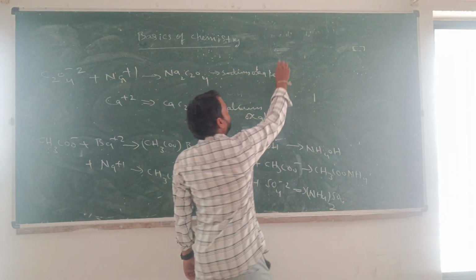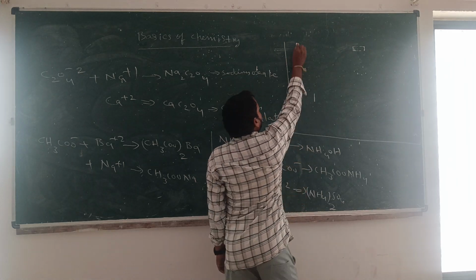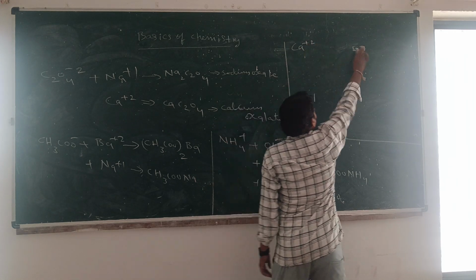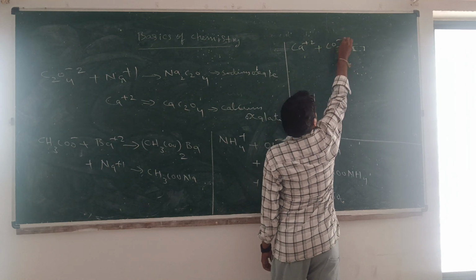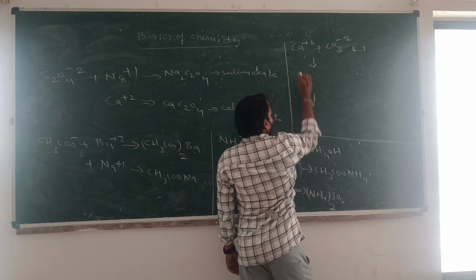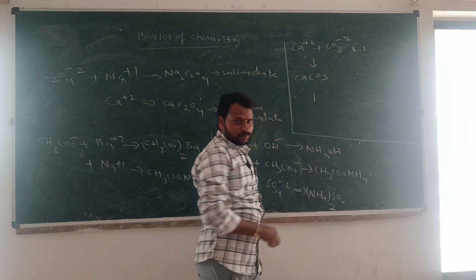Let me see another one. If I am writing Ca2+ and CO3 minus 2, both are bivalent, so we write CaCO3, calcium carbonate.